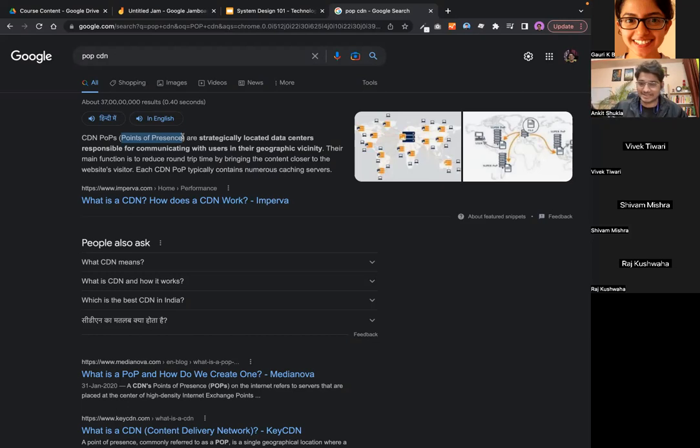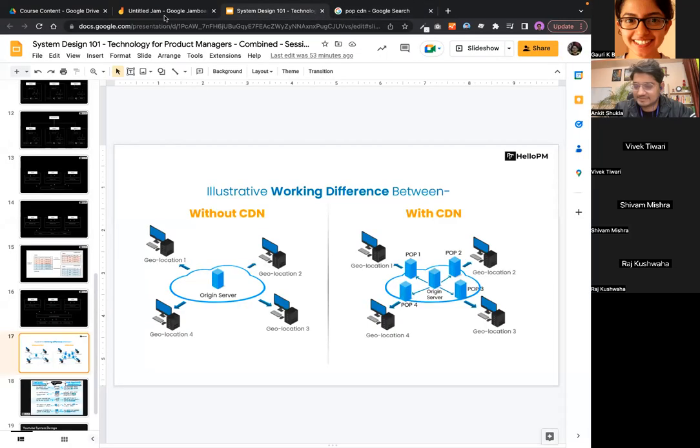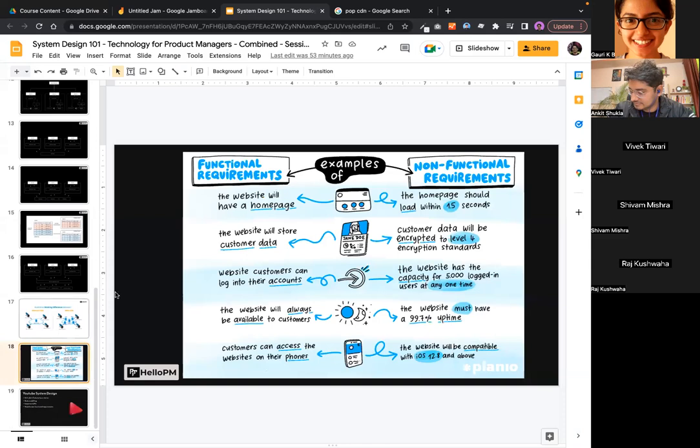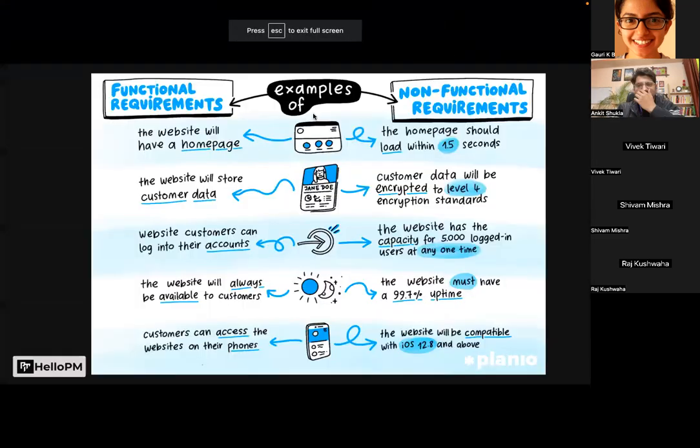So one of your load balancers can connect to a server in this particular place, or there could be multiple load balancers. But that is beyond our scope.